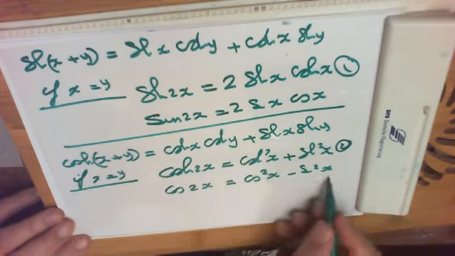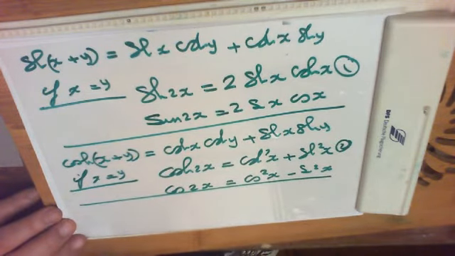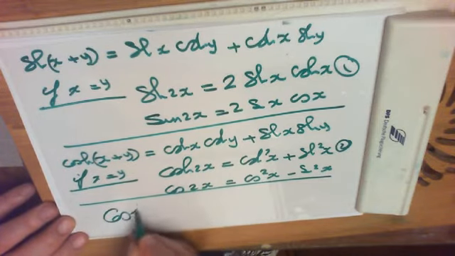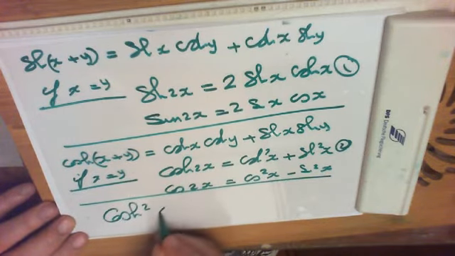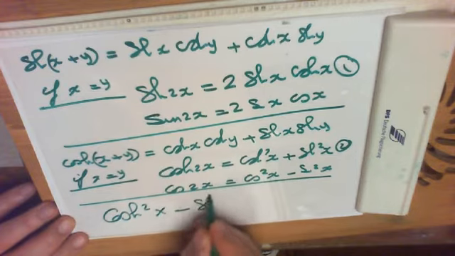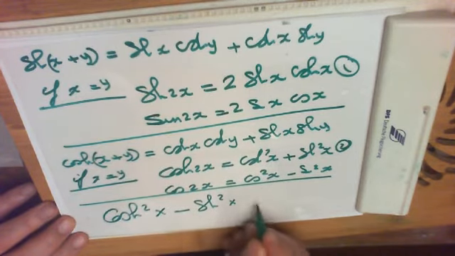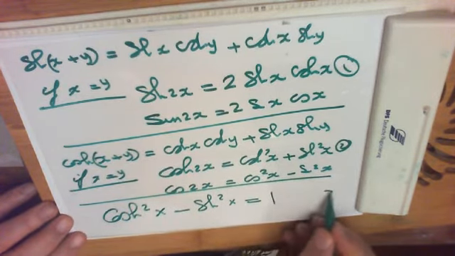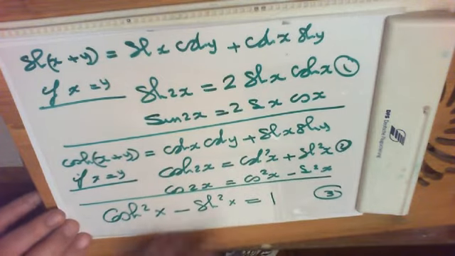But we already discussed and proved that cosine squared for any quantity minus sine squared for that quantity equals 1. Now let us make use of this.